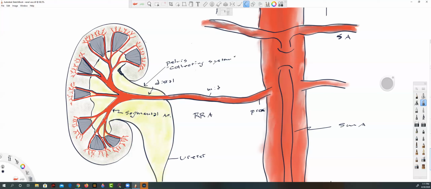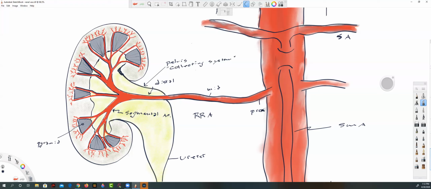And I will say, and most of you probably already know this, let's just put an arrow down here. That is a renal pyramid. Obviously called pyramids for their shape. And that's part of the business end of the kidney.